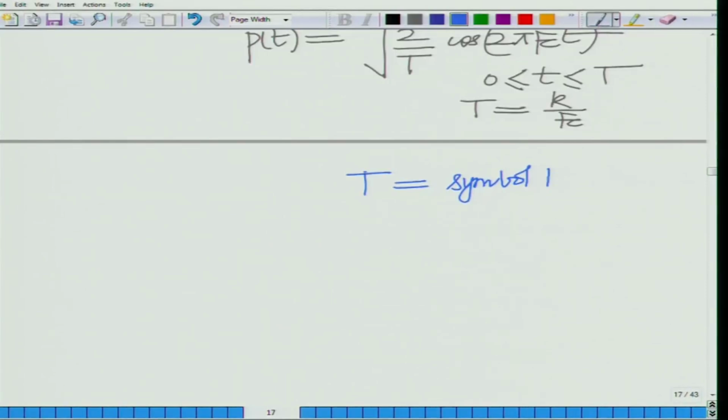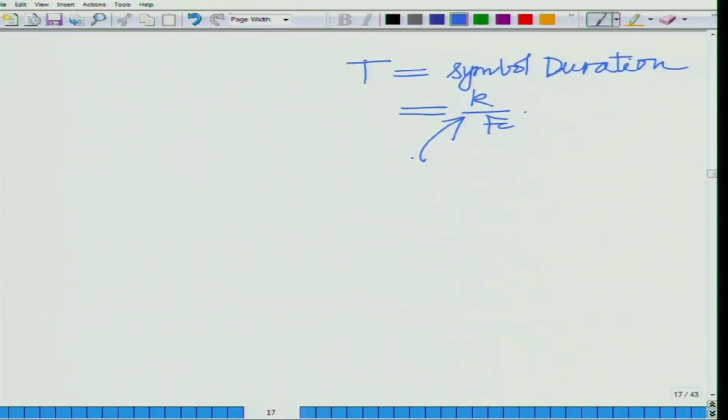It is an integer multiple, similar to what we have seen for binary phase shift keying. So, there are an integer number of cycles of cosine 2 pi fc t in the symbol duration.